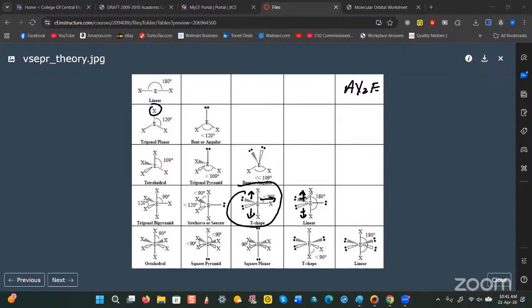In that example, why are those poles up and down and not even? Well, because you have this X here and this X right here. I was assuming that X is more electronegative than the E. So if X is more electronegative than the E, that means the dipole for this bond will go from E to X here like that. And the dipole for this bond will go from E to X here like that.